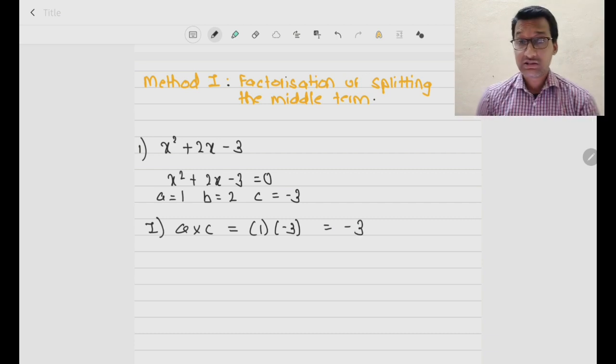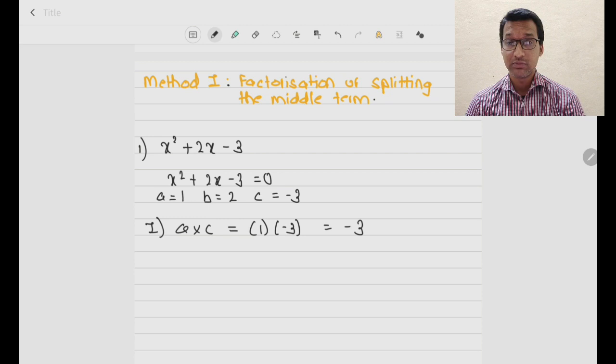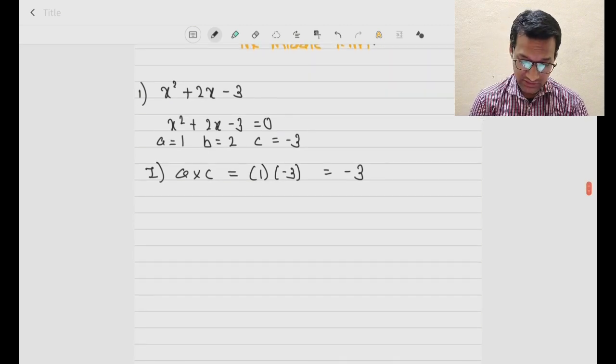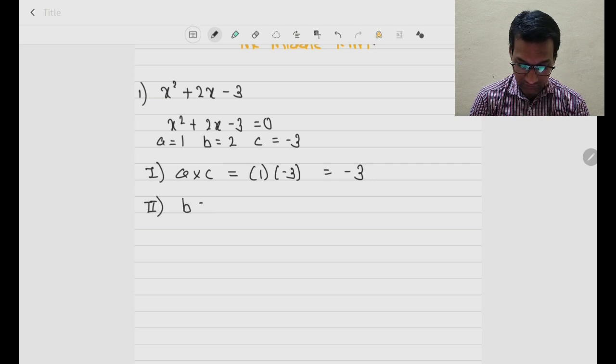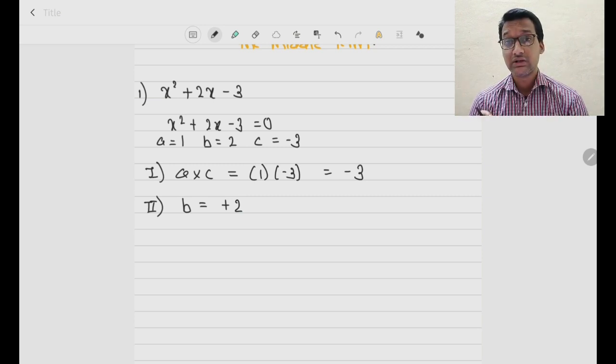Now this answer as well as its sign is very important. The second step is to write down B, that is plus 2. Now this sign and its number is also important.